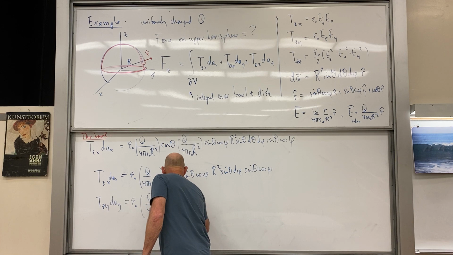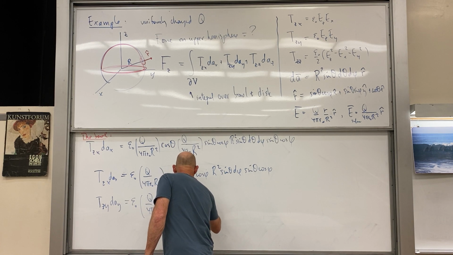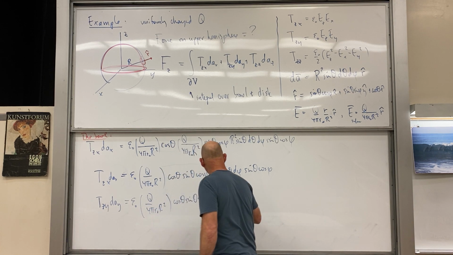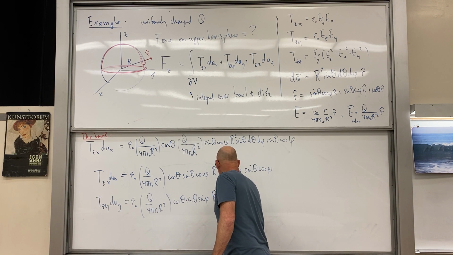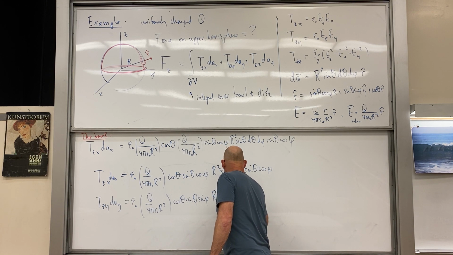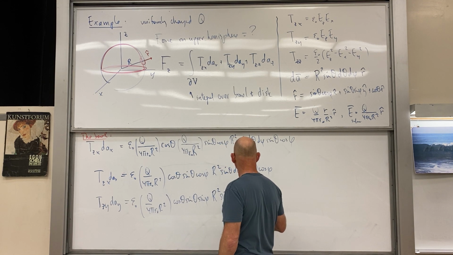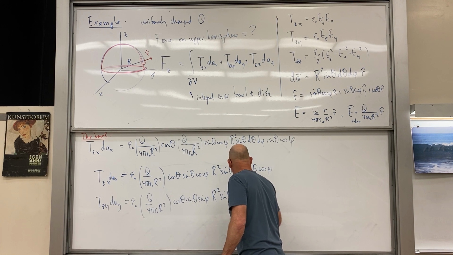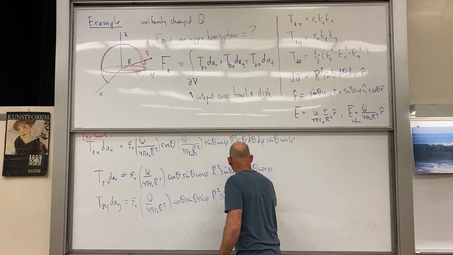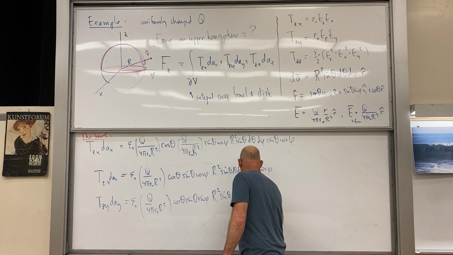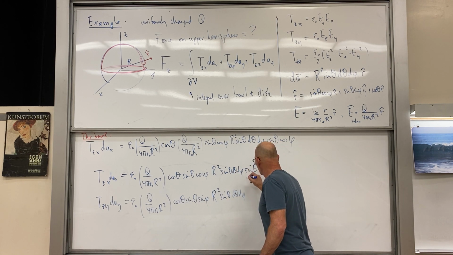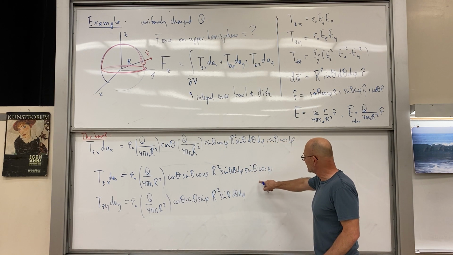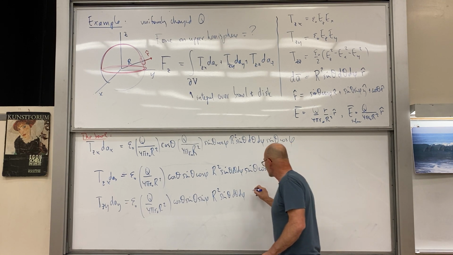So cos theta sine phi, and again we're going to have the r squared sine theta. Did I miss a d theta d phi? Yes, I did here. D theta d phi. Sine theta d phi. And then sine theta cos phi. Here it's going to be sine theta sine phi.